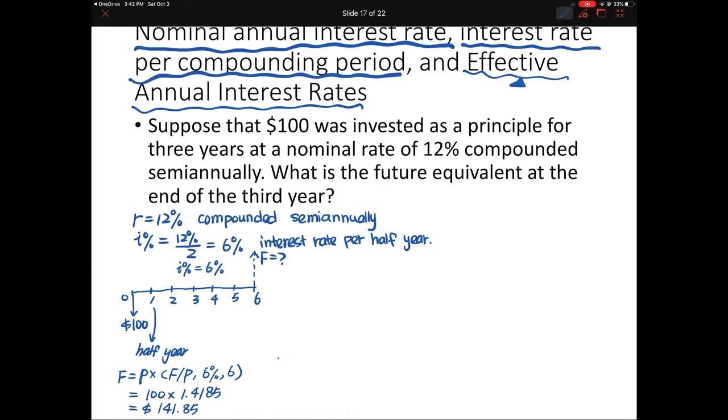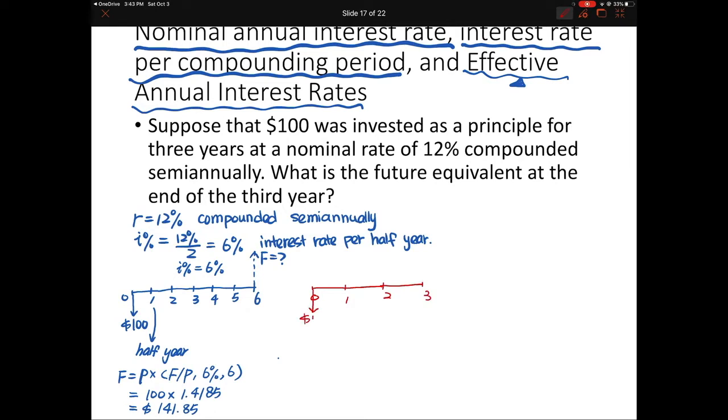Okay, so now let's try to use the R, okay, and to compound it year by year. Let's see what will happen. So if you use R, then because R is annual based, so you are gonna compound it year by year. So you're gonna have 1, 2, 3 segments on the timeline, okay?